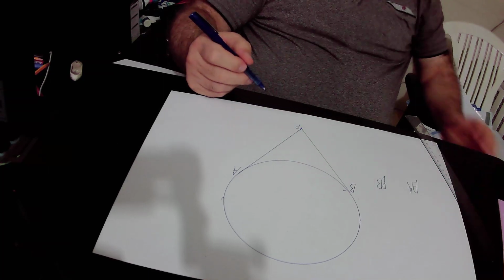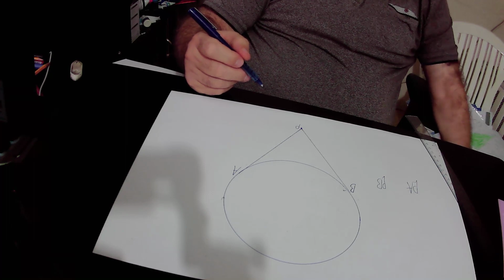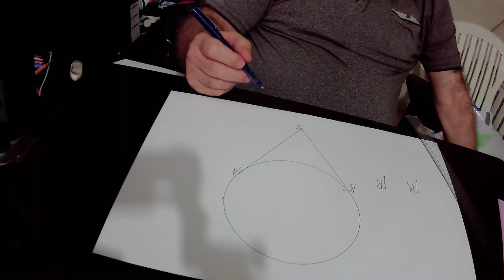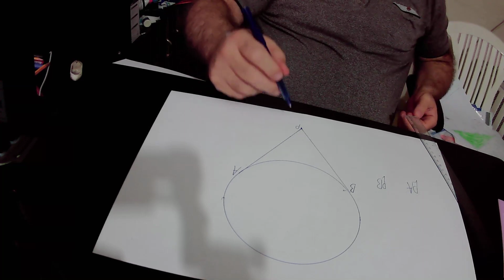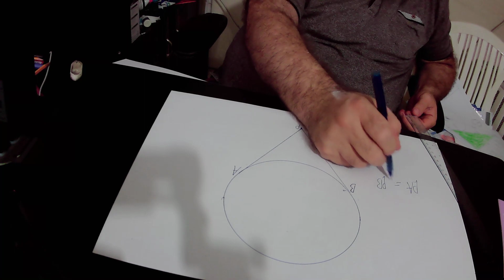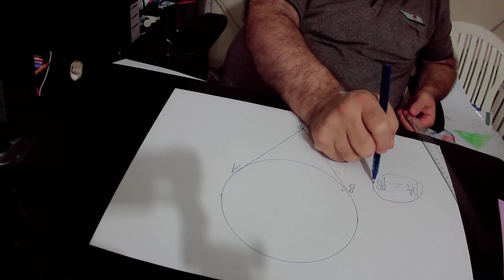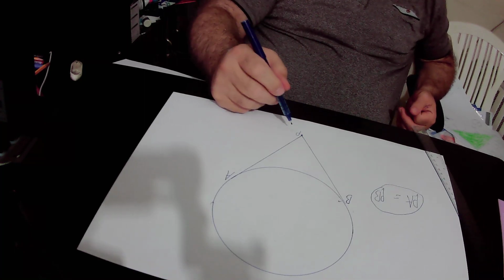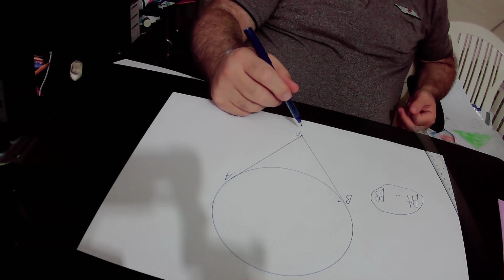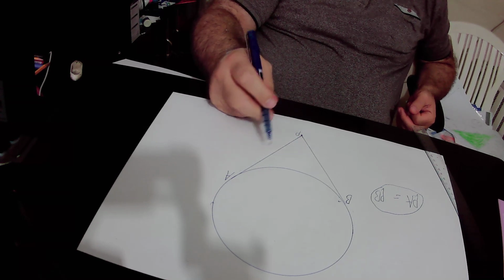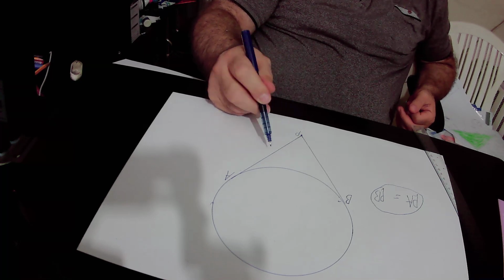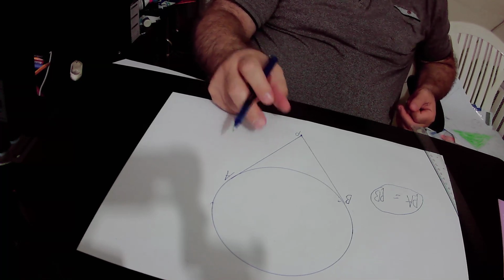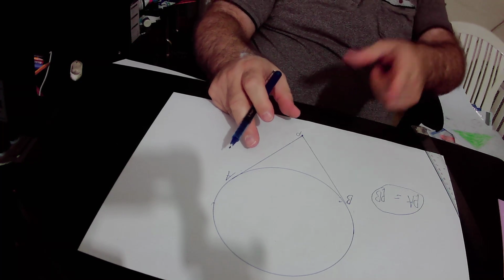And according to rule number 8, the lengths of two tangents from a common external point to a circle are equal. That is to say, PA equals PB.